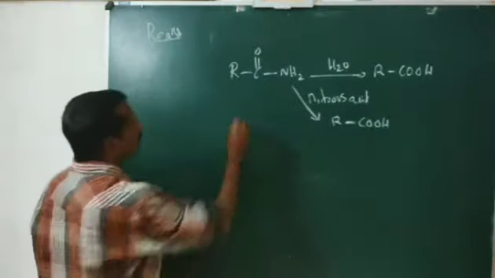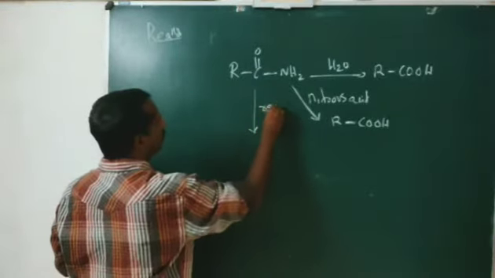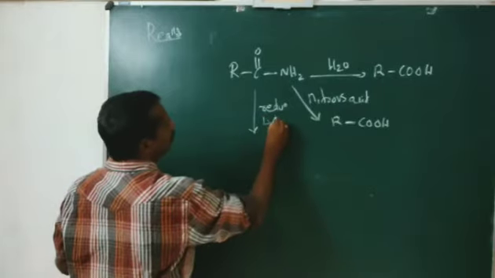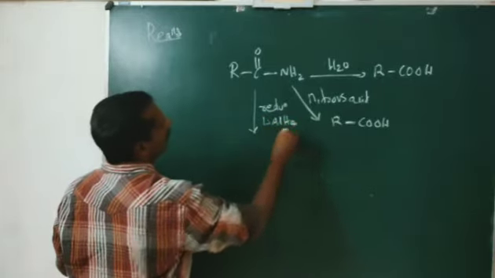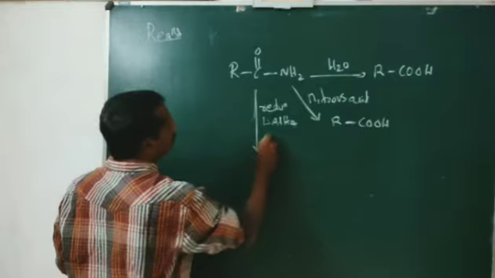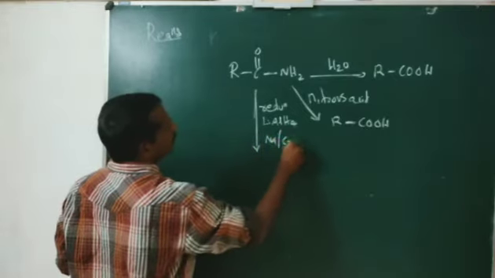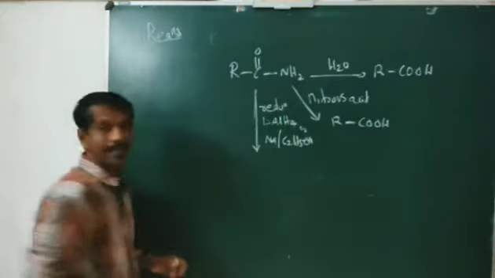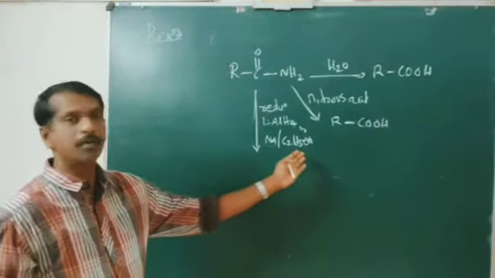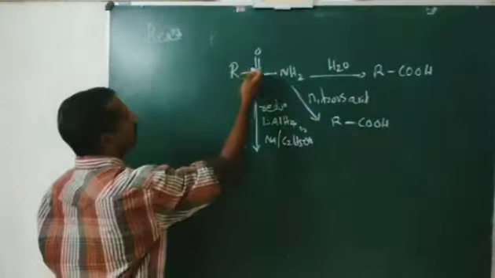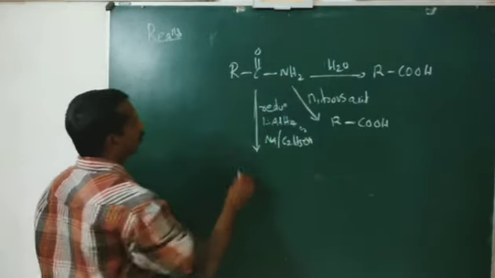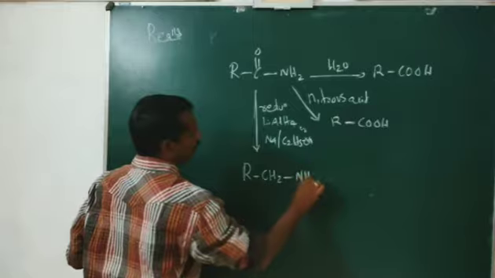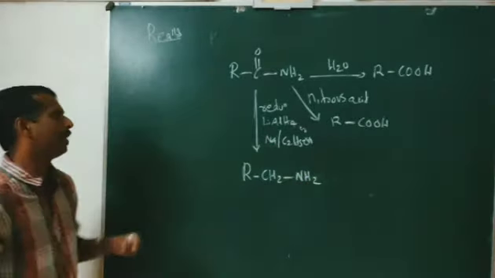Now reduction with lithium aluminium hydride LiAlH4, or you can use sodium in presence of ethanol C2H5OH, RCONH2 will be changed to RCH2NH2, an amine.